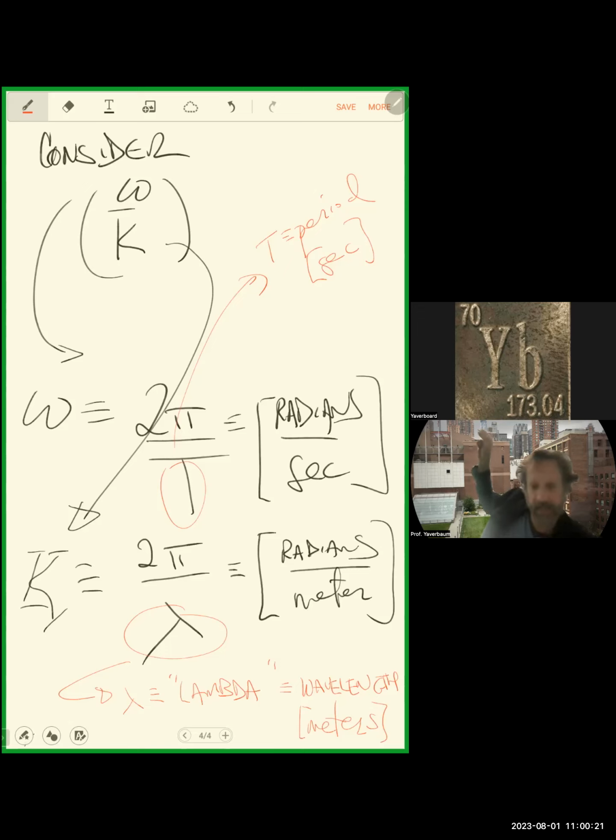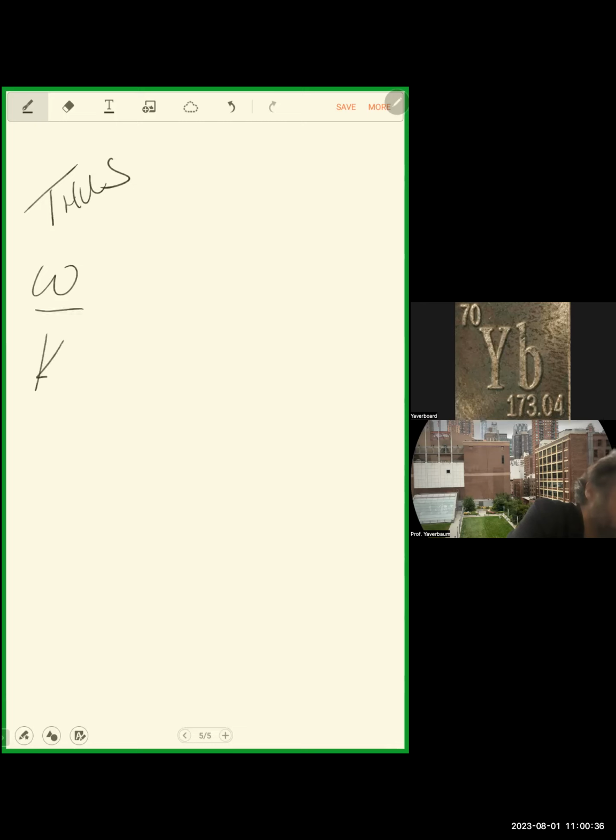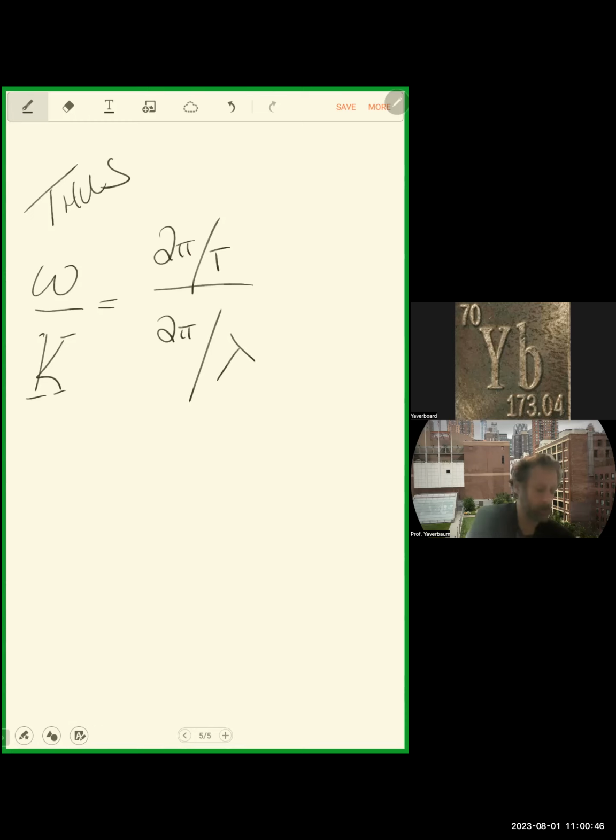But if omega is angular frequency, and if k is angular wave number, then omega over k, by substitution, equals 2 pi over T all over 2 pi over lambda, right? And the 2 pi's cancel.